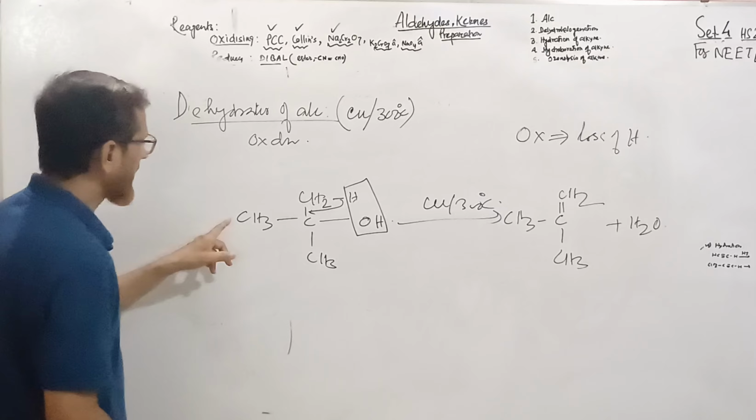So according to Markovnikov, OH should be attached here and H here. But since the main striking point is that it is anti-Markovnikov, you do it to get the result. This is the trick, not the mechanism. This is one hydrogen.